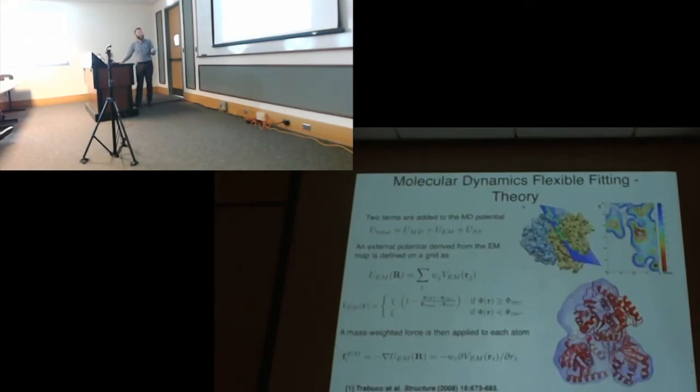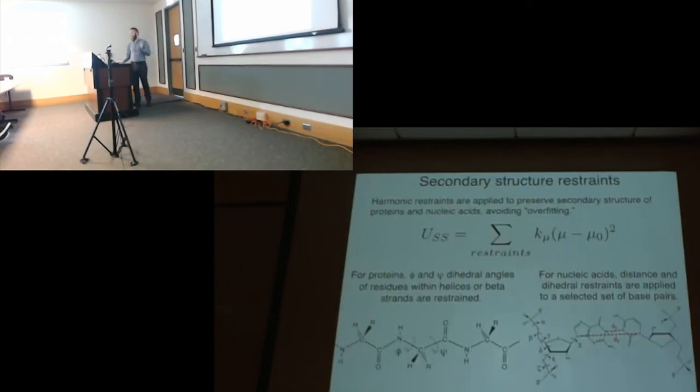Because we're adding these forces onto our system and contorting it, we have to be careful not to disrupt the secondary structure of our system, because these density maps are fairly low resolution. If you don't restrain your structure, the potential is going to push the structure into all the little nooks and crannies of your density map, which could just be noise, and you're going to distort your structure. So we can add in these restraints to our system.